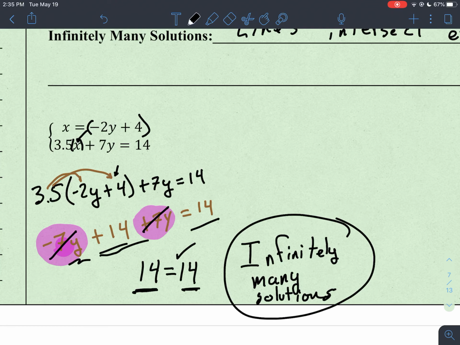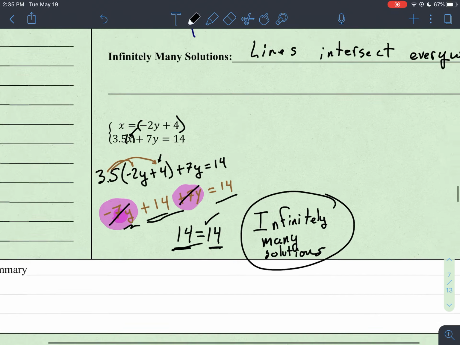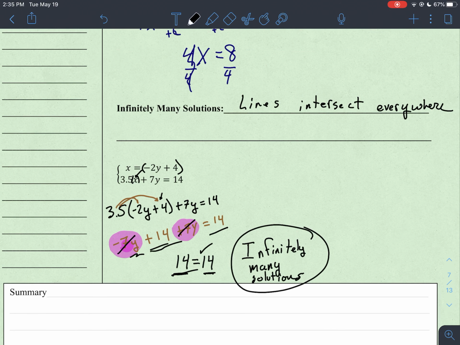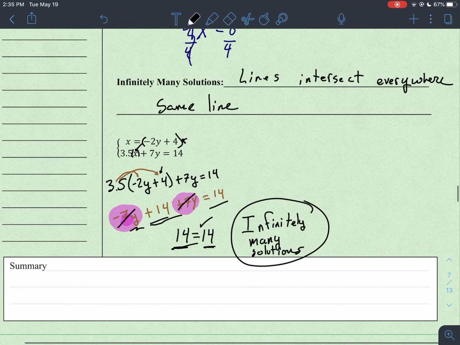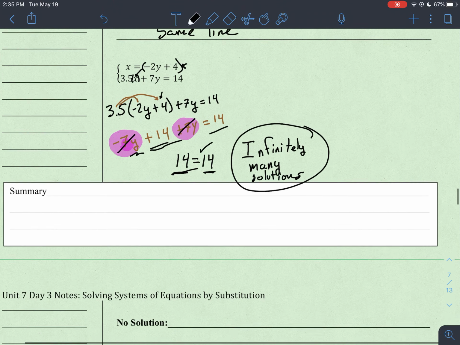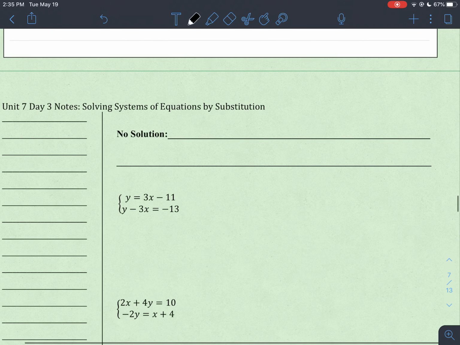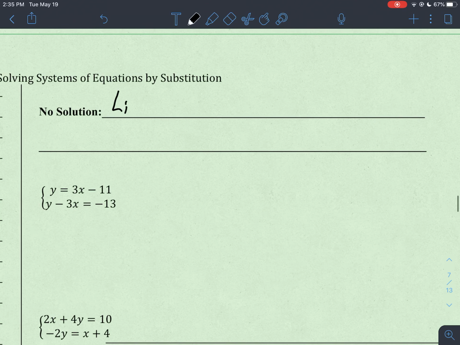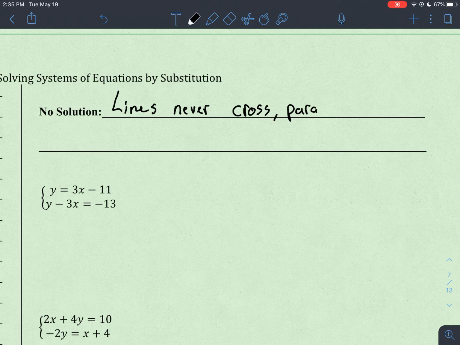We plugged in, we multiplied out, and they intersect everywhere. They are the same line. And if we wanted to, we could manipulate these equations to be the exact same equation. No solutions is going to be when lines never cross, as we talked about with graphing. No solution, they are parallel lines.